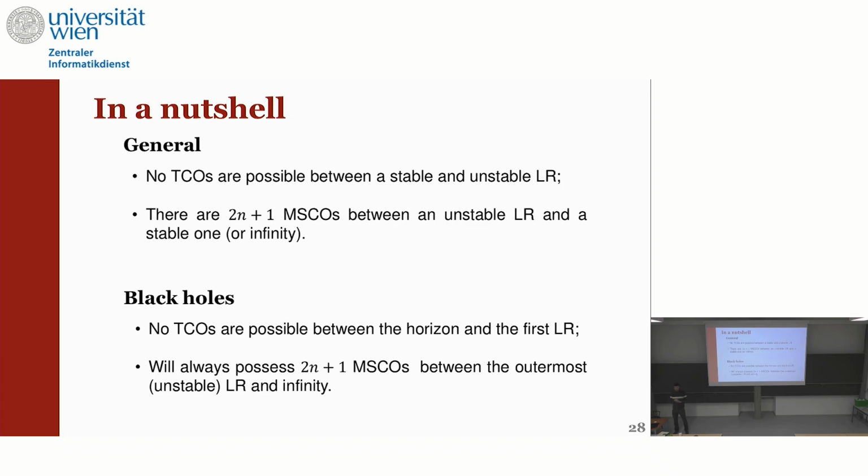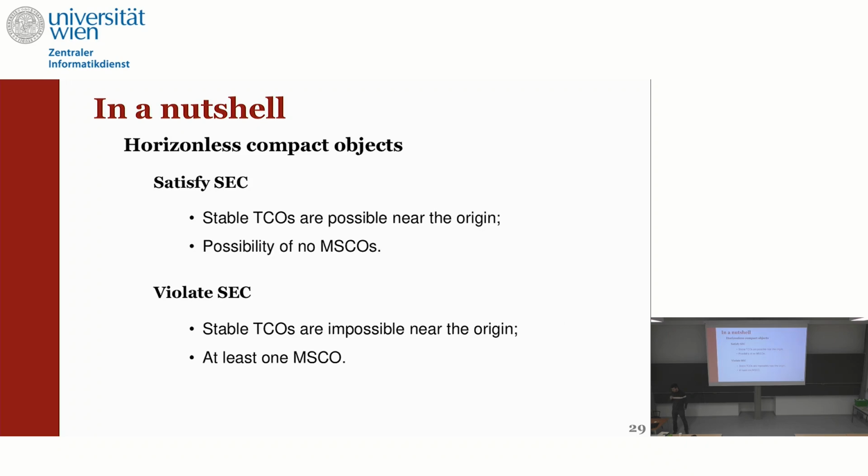And in the case of black holes, there are no time-like circular orbits between the horizon and the first light ring, which will be unstable, and they will always possess an odd number of marginally stable circular orbits between the outermost unstable light ring and infinity. And for horizonless compact objects, if they satisfy the strong energy condition, then we have stable time-like circular orbits near the origin, and if they violate, then the time-like circular orbits near the origin are unstable.